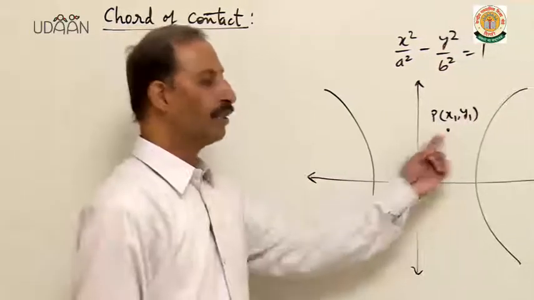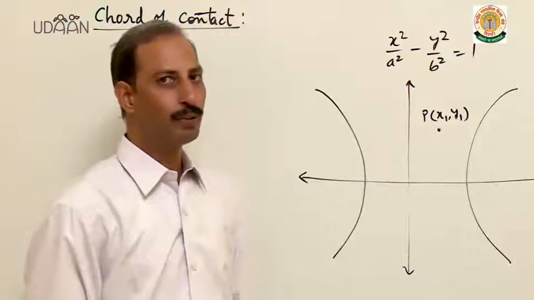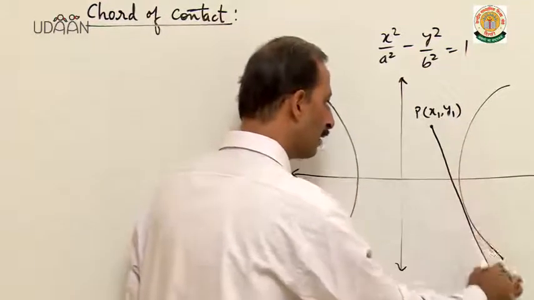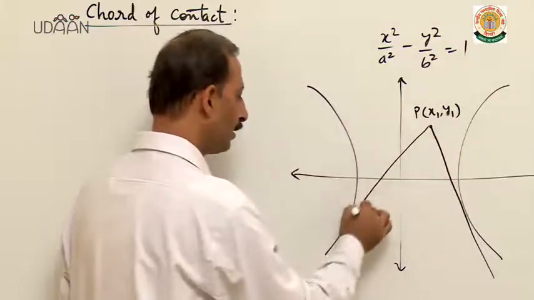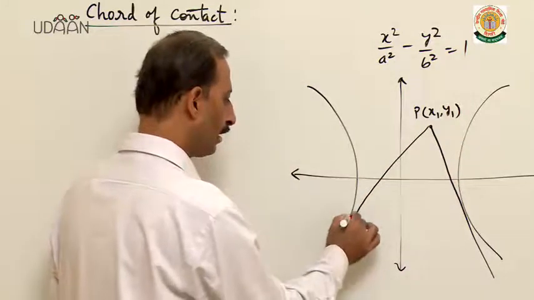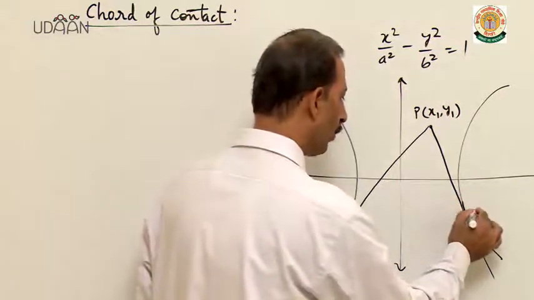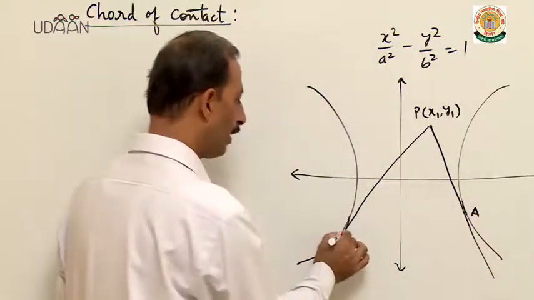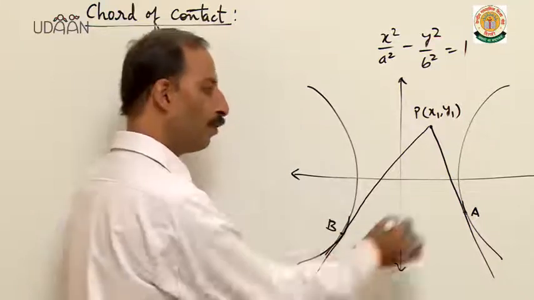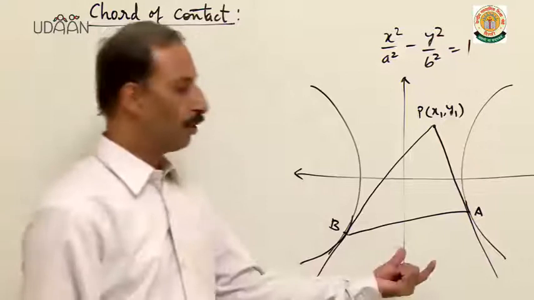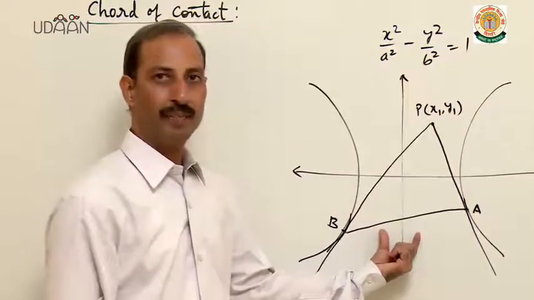From this point at most two tangents you can draw. Suppose one tangent is this one, another tangent is this one. They touch the hyperbola at 2 points. One point is say A, another point say B. If you join A and B, this is known as the chord of contact.